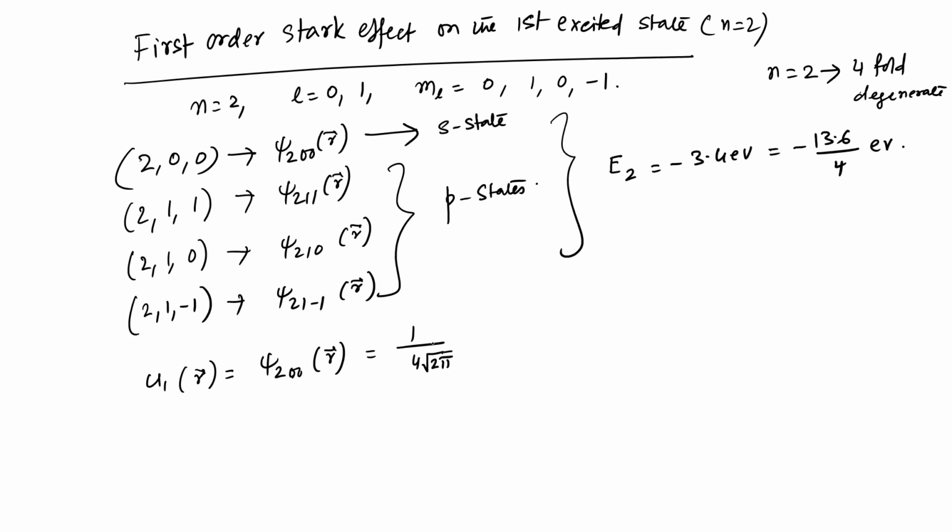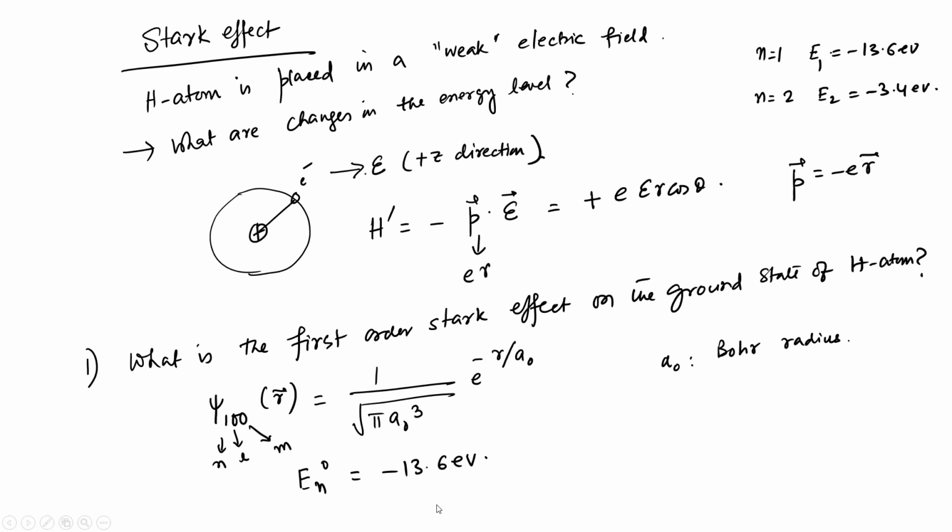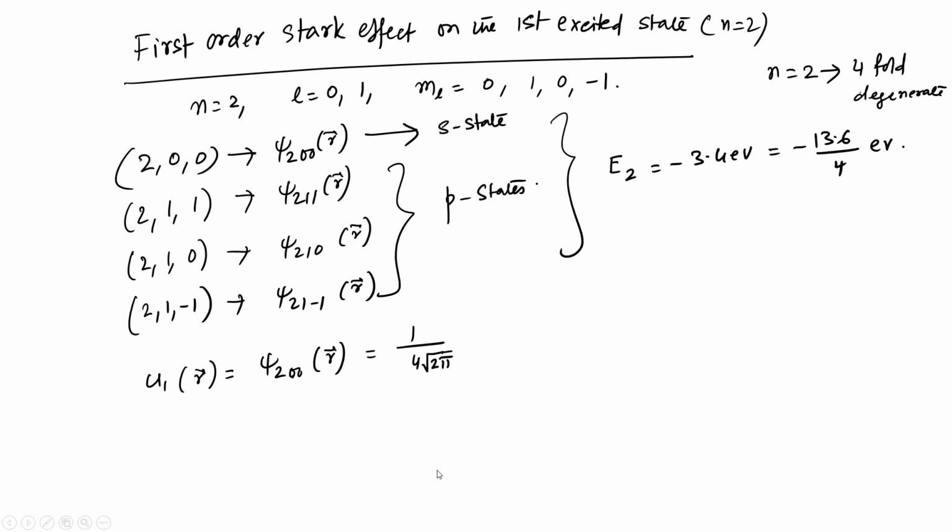We have shown them by plots and sometimes have even written them down, but there is no need to remember them, excepting maybe the ground state, which is what we have just shown here, which is 1 over root pi a0 cubed, exponential minus r by a0. The others will most likely be supplied.